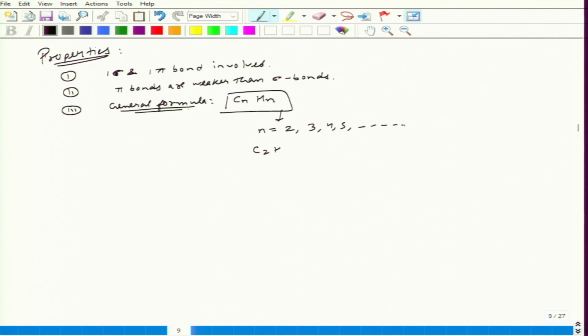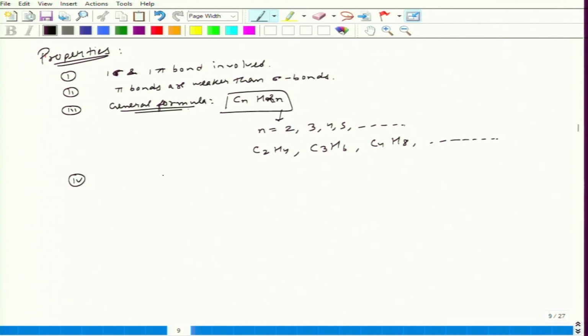So this is C2H4. Then there is C3H6, C4H8, and so on. The structures will form.